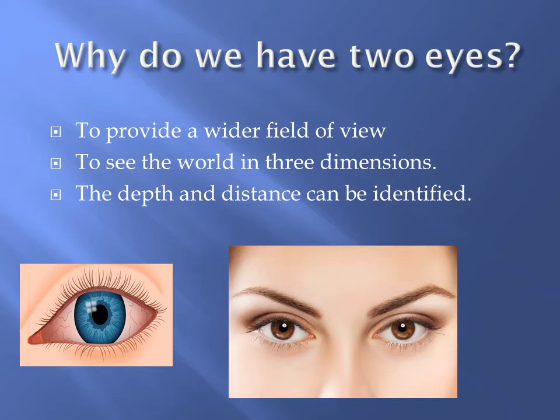Now try the same thing with both eyes open. You will find it is harder to do this using only one eye. Those are the advantages of having two eyes.